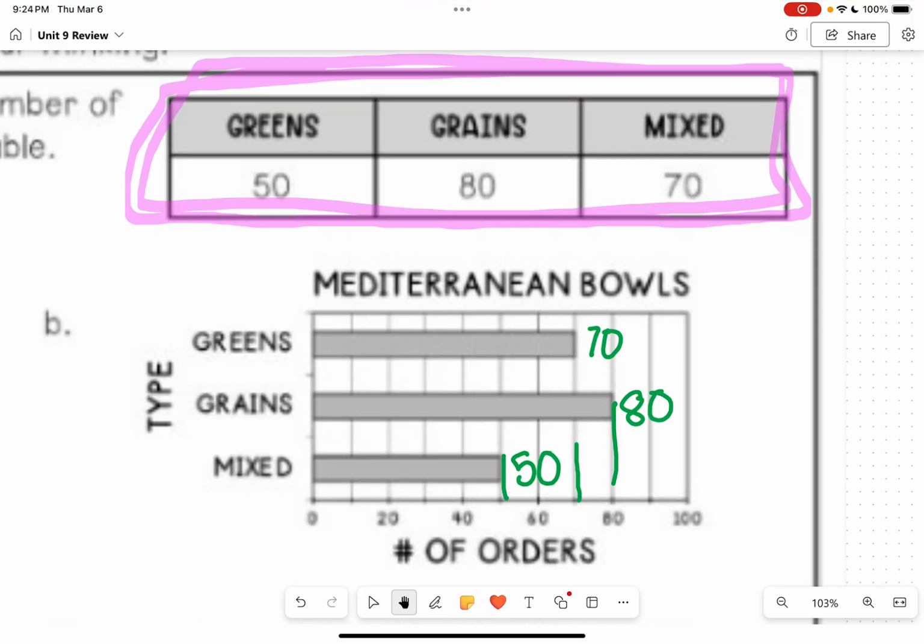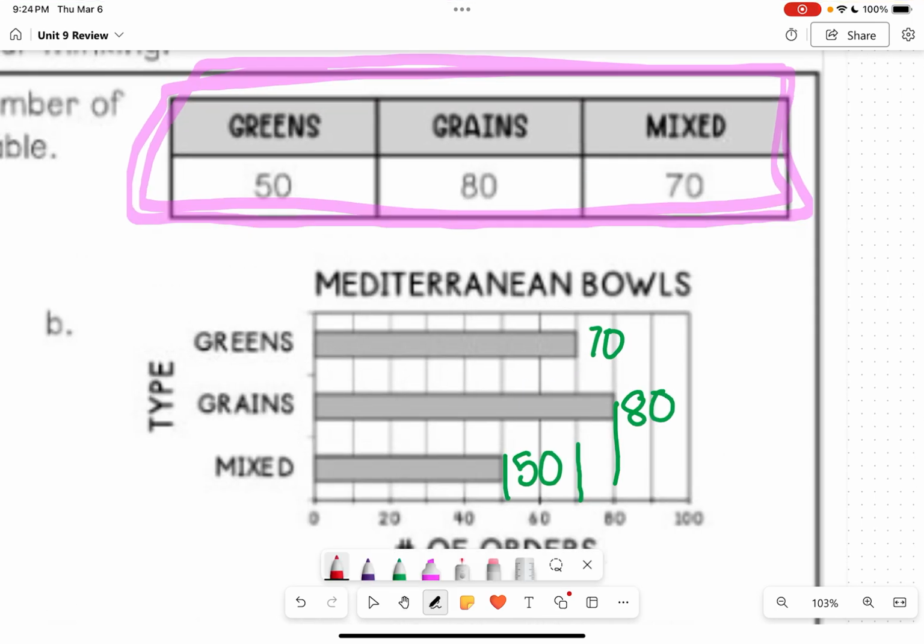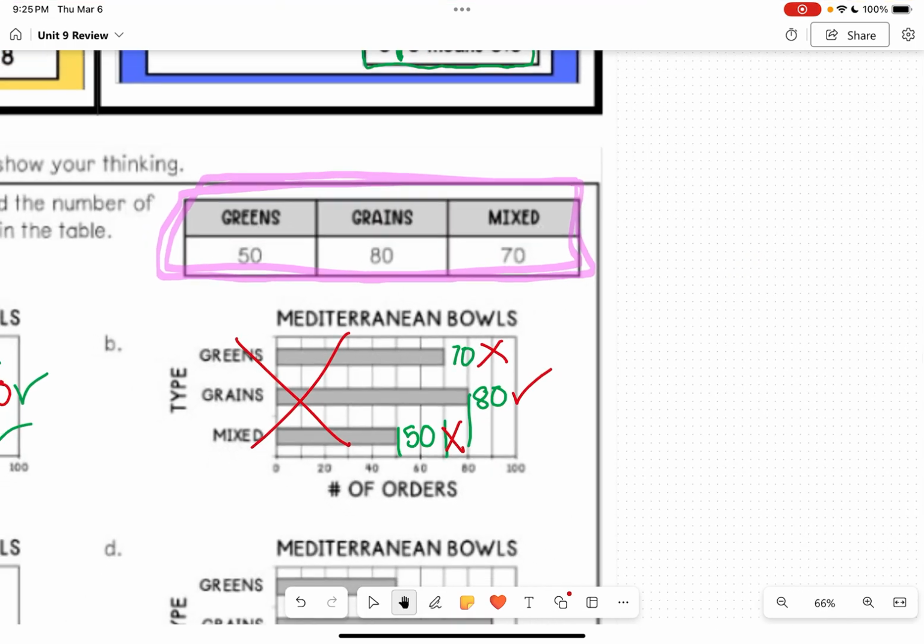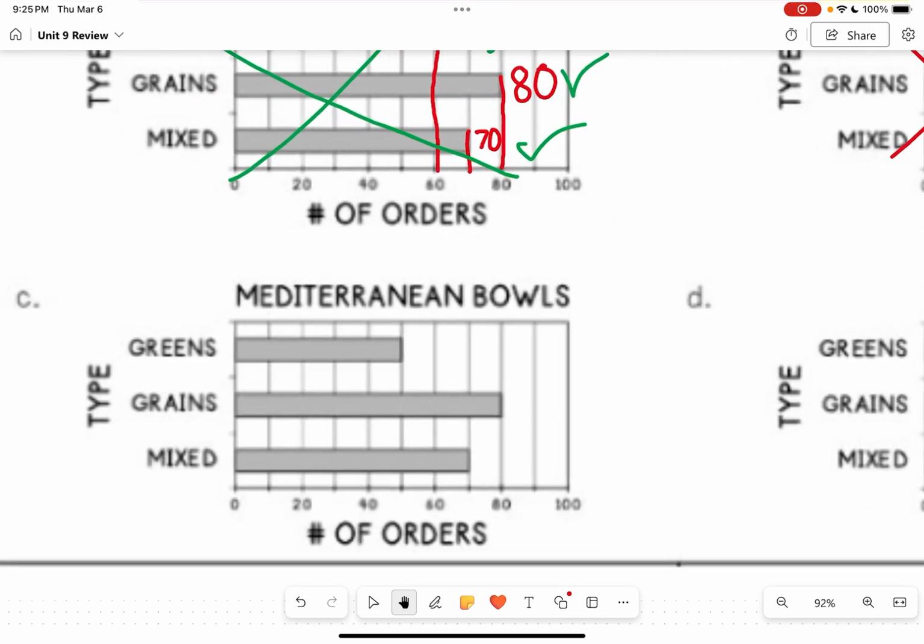Okay, so if I look back at my data, I know that greens has to be 50, so this is wrong. Grains has to be 80, which it is. Mixed is 50, and that is incorrect. Okay, so we have 2 wrong on this one. This one is not correct. Remember, we are looking for the one that has all 3 numbers correct in the correct places. Okay, all right, let's go to C.